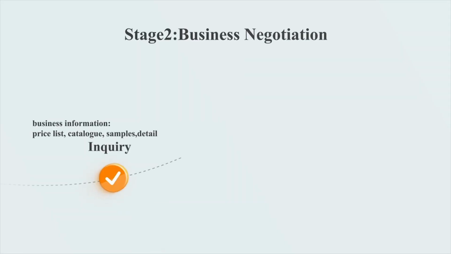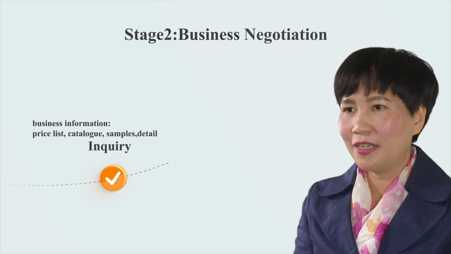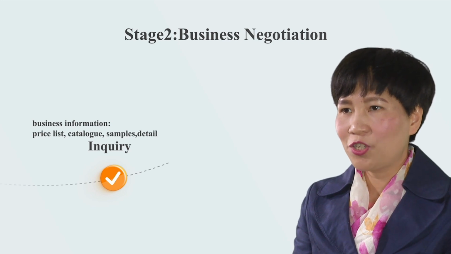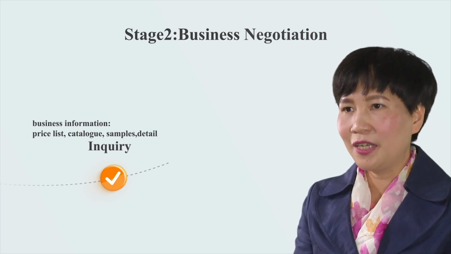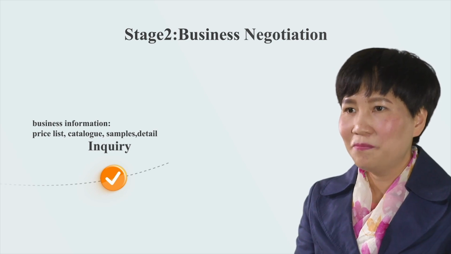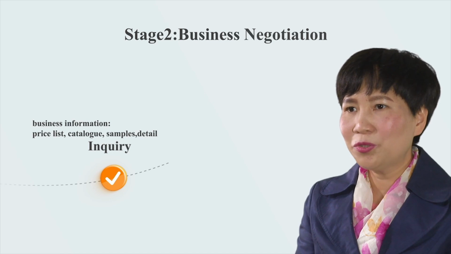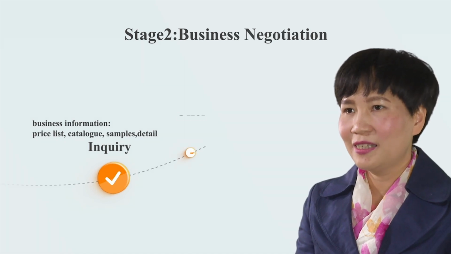The second stage is business negotiation. First, inquiry. Business negotiation starts with inquiry, which is a request for information of business, such as price list, catalog, samples, and details about the goods.